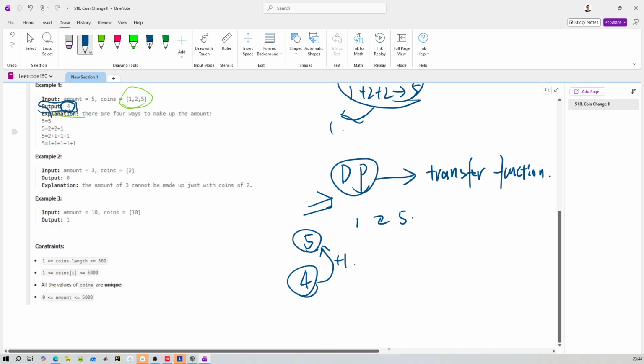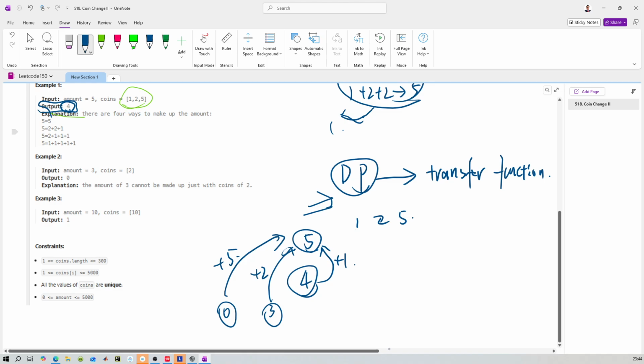And if I know how to solve number 3, I know how to solve number 5 because this is just plus 2. And if I know how to solve number 0, I will know how to solve number 5 because it's just plus 5.